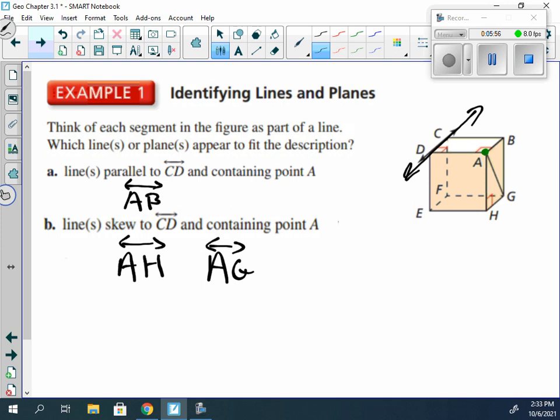Questions on this here? So 2 lines are parallel if what? 2 things. Okay. So what plane? So CD. What other plane? Well, the plane is this entire top.